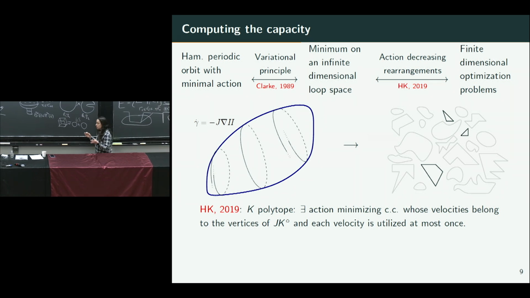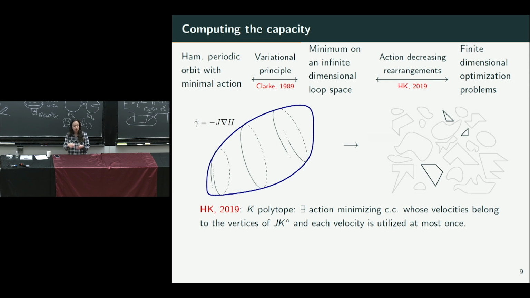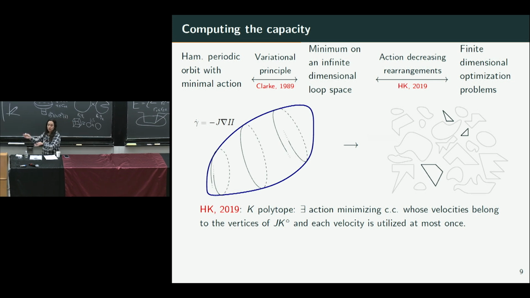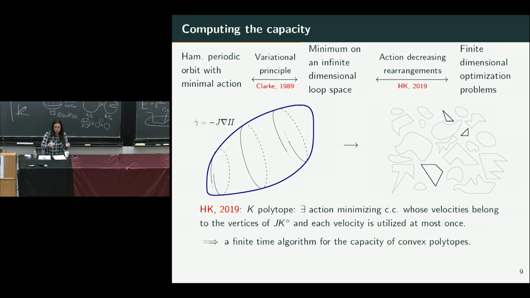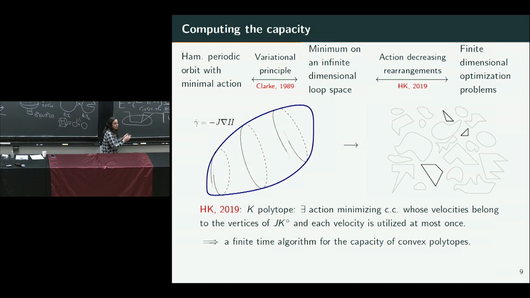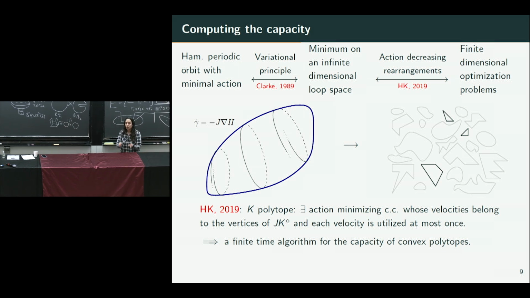And each of these velocities would be used at most once. So it gives us a finite set of possible loops to check, and checking the action of each of these options and taking the minimum over them gives us a combinatorial formula for calculating the capacity of each polytope in every dimension.